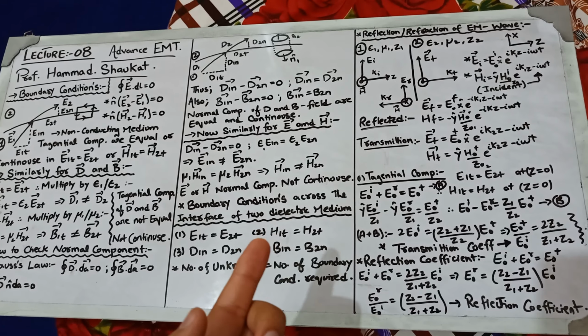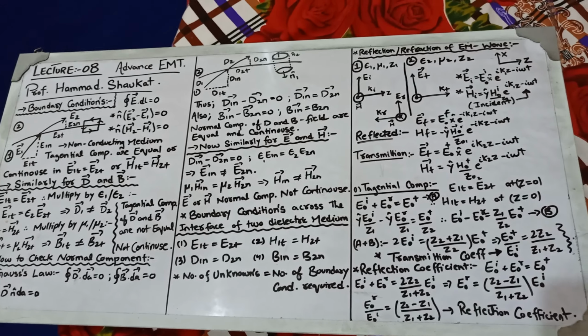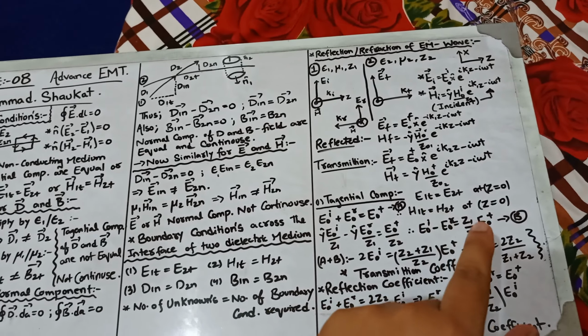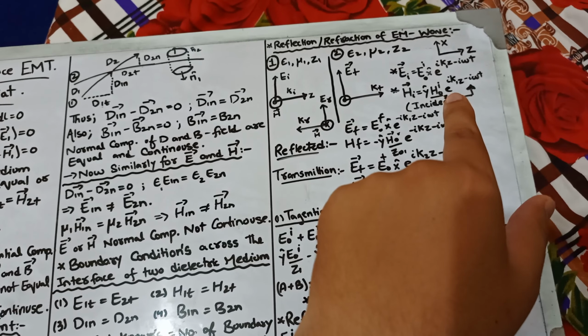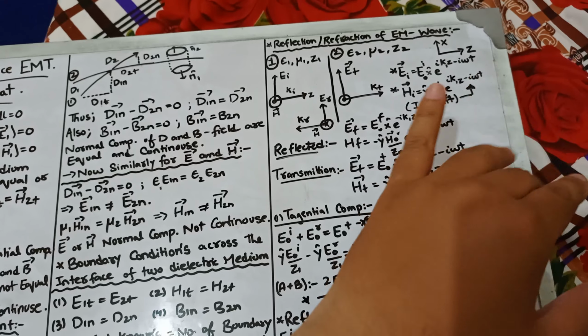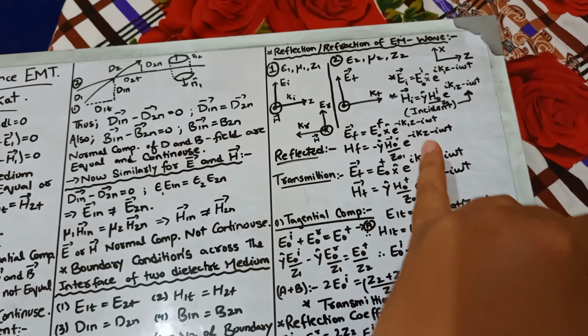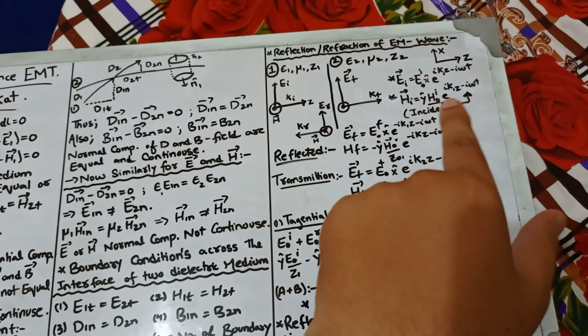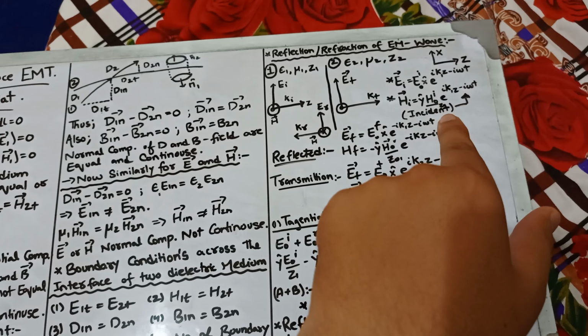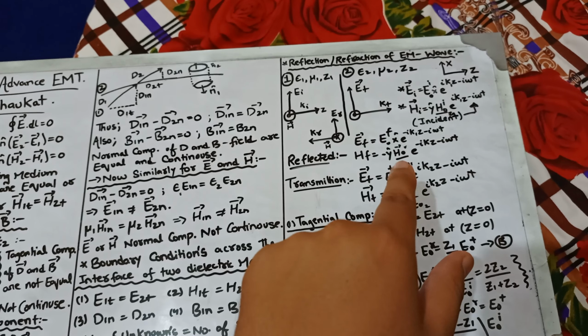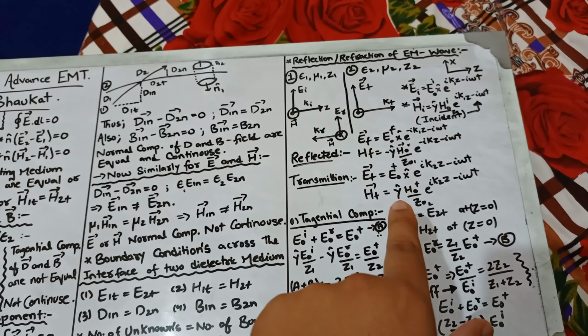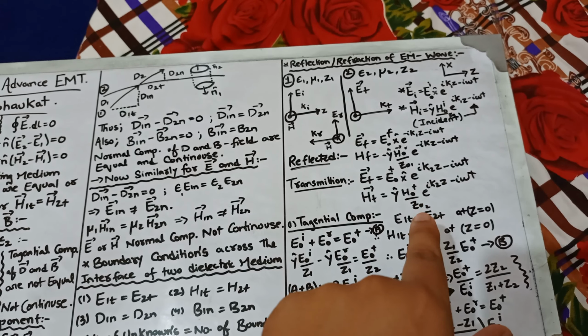So we are using H1t equals H2t. Here again you have to apply it for z equals 0. So for z equals 0, the exponential term e power 0 becomes 1, here again 1, here again 1. You will only be left with y cap H_0i by Z1 minus y cap H_0r by Z1, equals y cap H_0t divided by Z2.